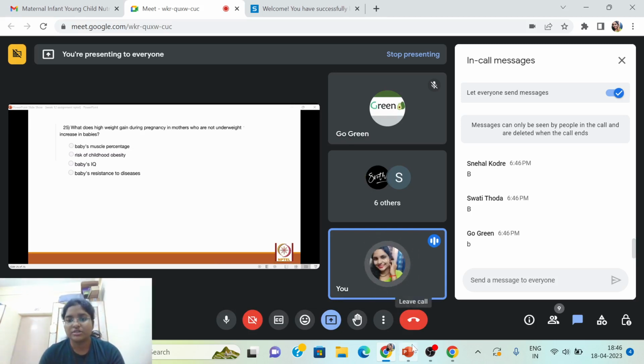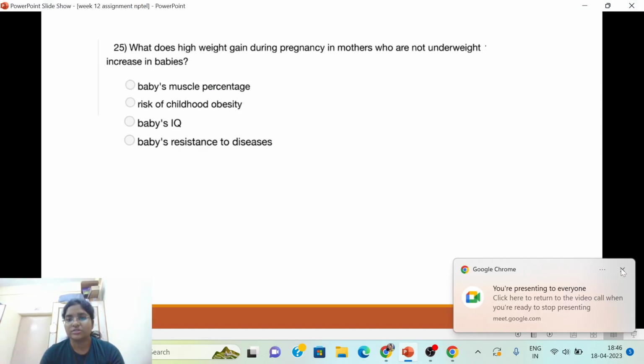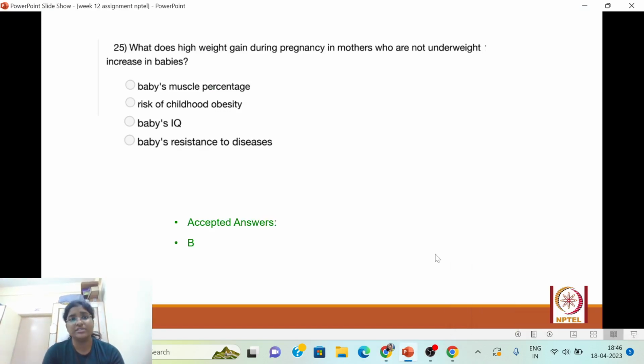Let's see what is the correct answer to this question. It is B. If the mother gains weight during pregnancy, it can be a risk for the baby, that there is a risk of childhood obesity for the baby.